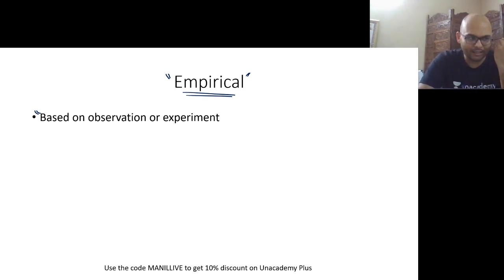Or then there are scientists who do research in laboratories, and then they go like, okay, we did research for 10 months in terms of identifying how an apple would react to being dipped in water for more than 6 hours or something like that, and then we found this was the result. That result is called empirical evidence. Why empirical? Empirical means that the result has been achieved by doing research, experimentation, or by making an observation.